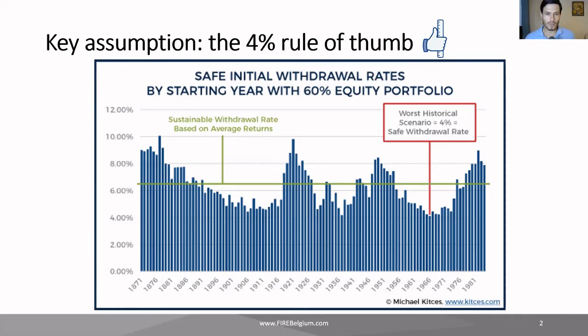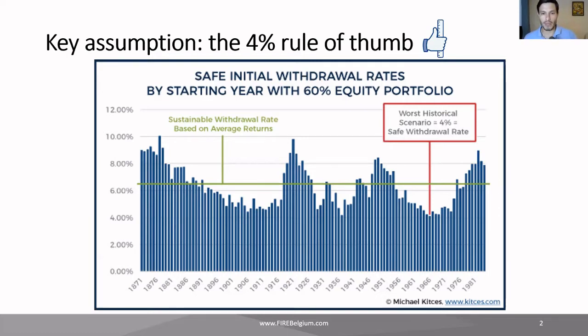And we can see portfolios starting from 1871 and then 30-year periods starting from that year all the way to a 30-year period starting in 1981, which basically would end that last period in 2011, which I believe is when this update was done, right?